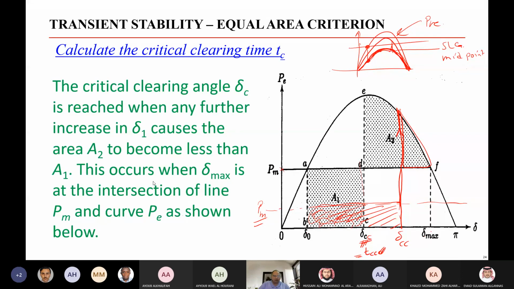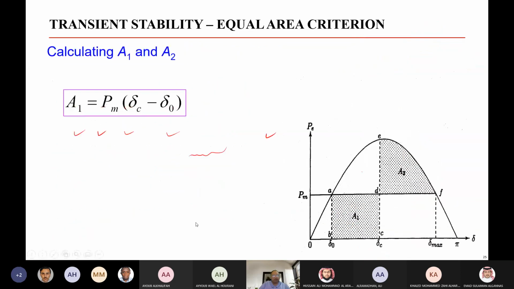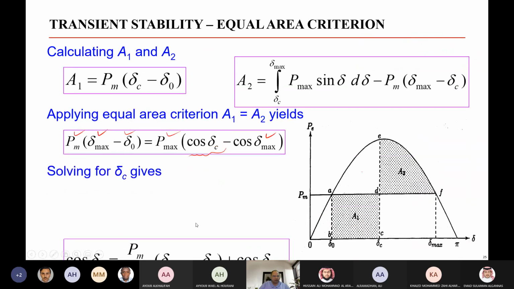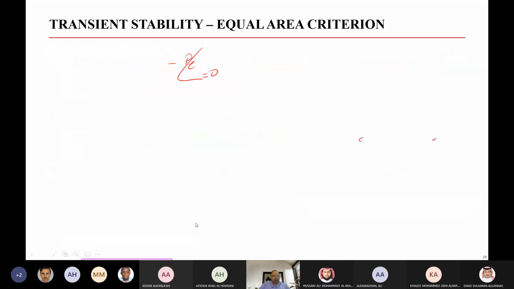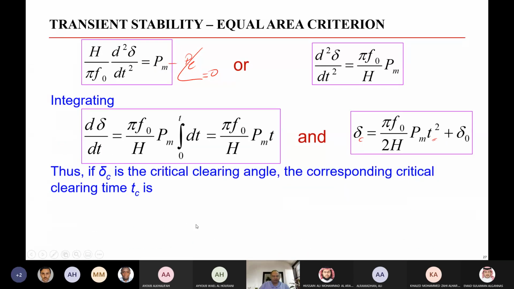Let us continue. The critical clearing time can be calculated by integrating the swing equation twice. When you integrate at the beginning, you integrate from 0 to t, and the initial value is delta 0.